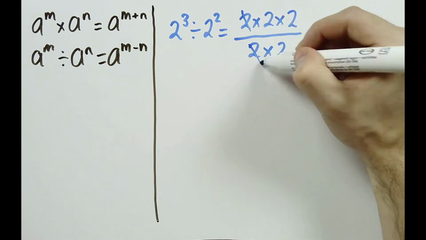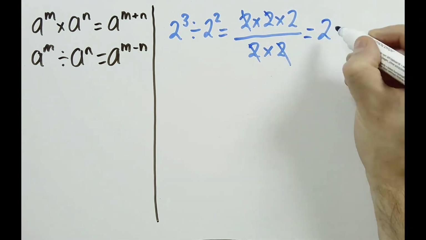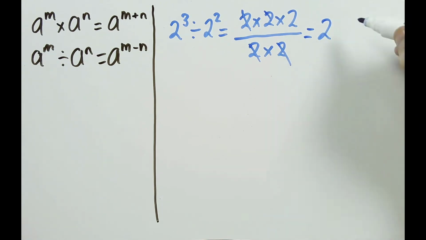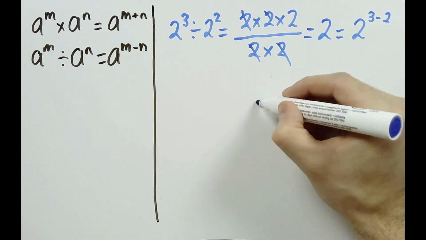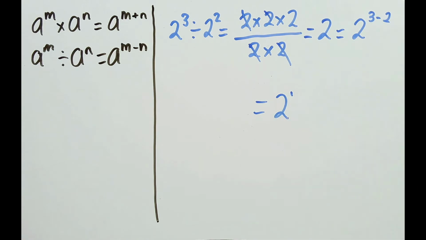So if we do that in this case, we're just left with 2 in the numerator, or 2 to the power of 1, which is 2. Or if we are to apply the law, you'll see this is the same as 2 to the power of 3 minus 2, which equals 2 to the power of 1, which of course equals 2. So that's how that one's derived.